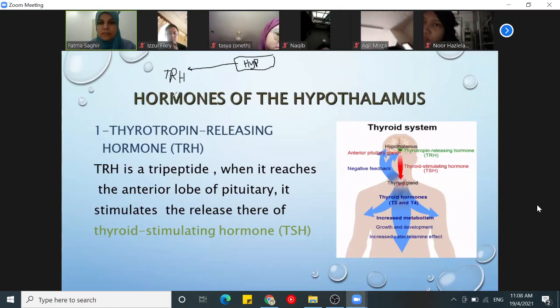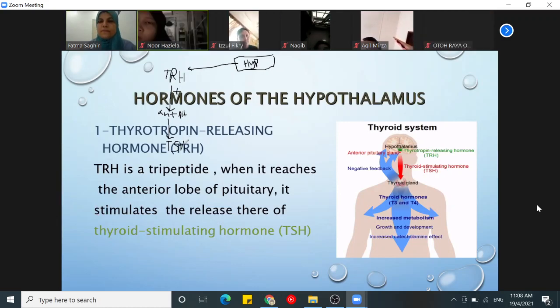The function of this hormone is to stimulate the anterior pituitary to secrete what? Thyroid stimulating hormone. That's it. So hypothalamus secretes thyroid releasing hormone.